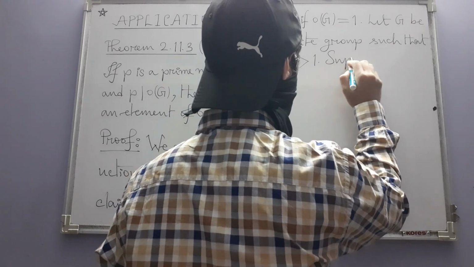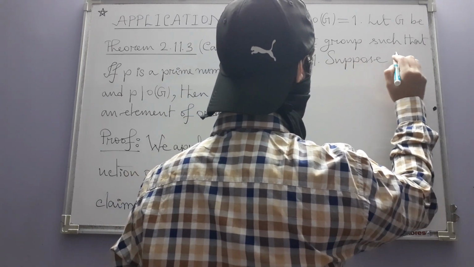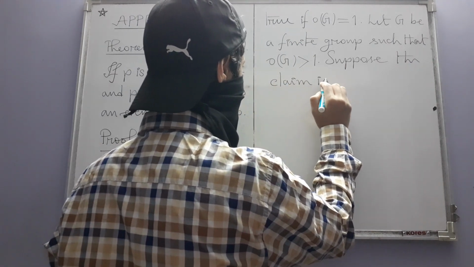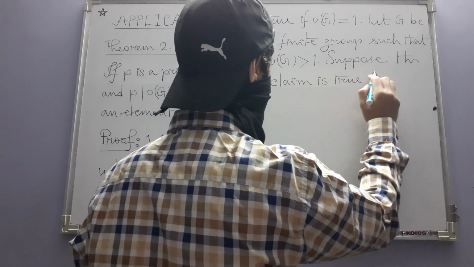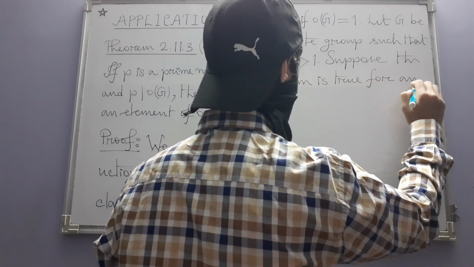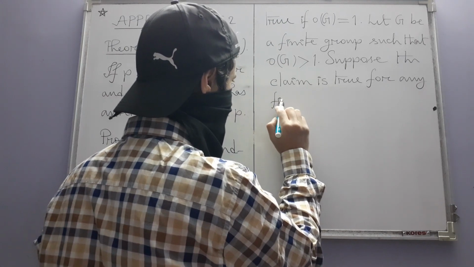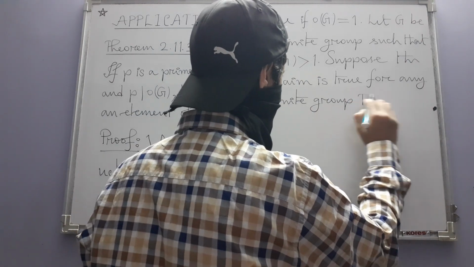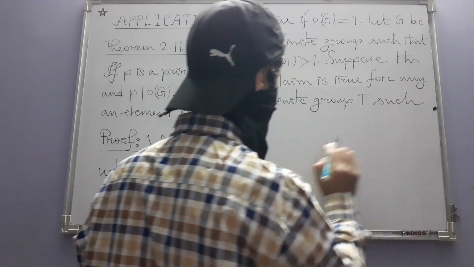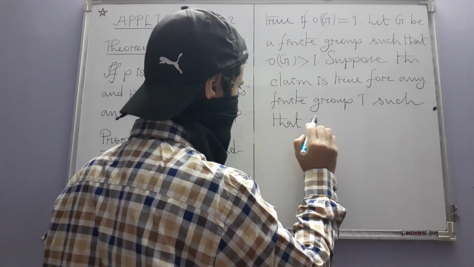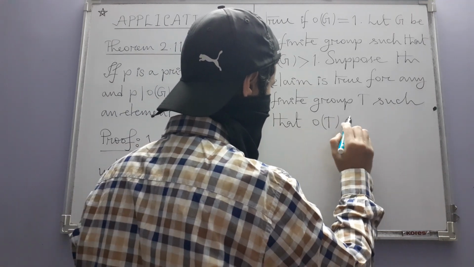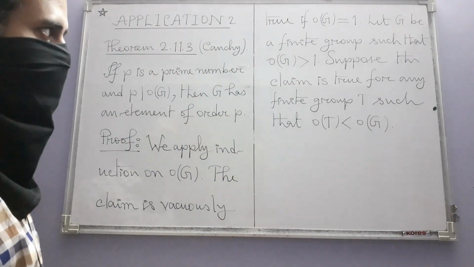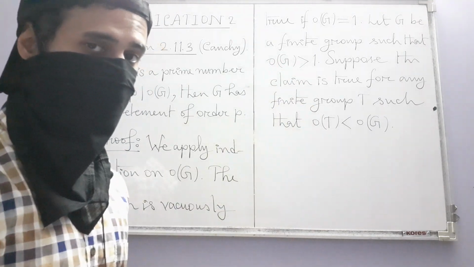Suppose the claim is true for any finite group T such that the order of T is strictly less than the order of G. So this is our induction hypothesis, this supposition.